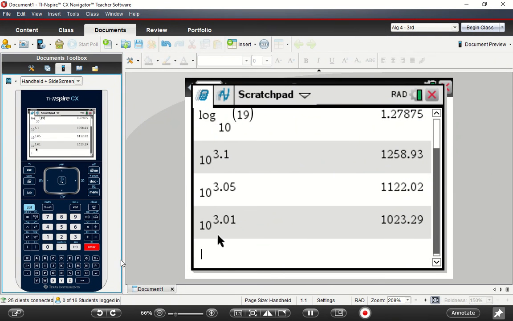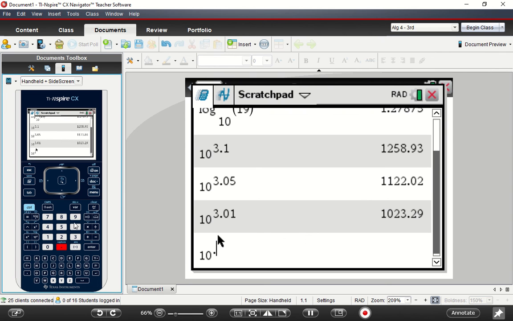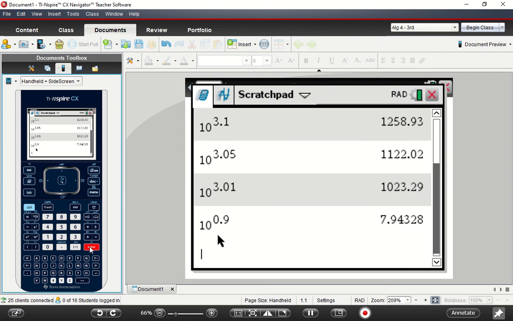We said 10 raised to 0.9. Oh, okay. Not bad. It's close. But you guys are understanding how we actually get these things.